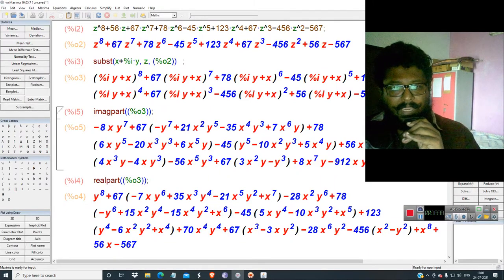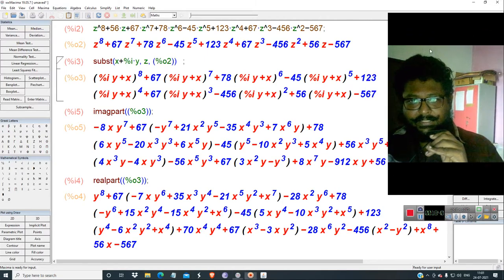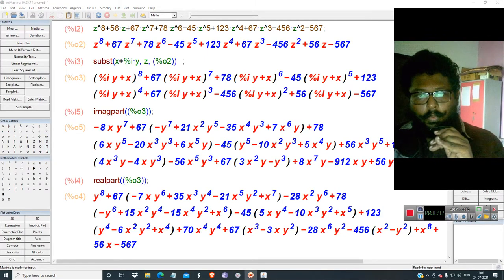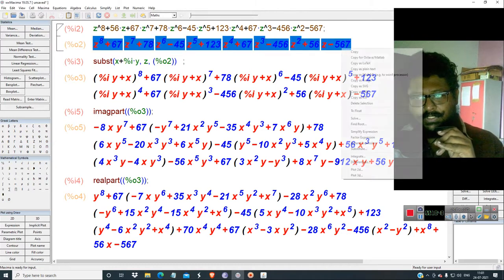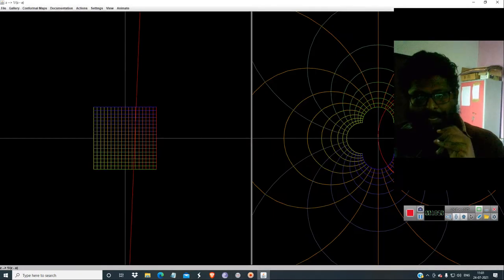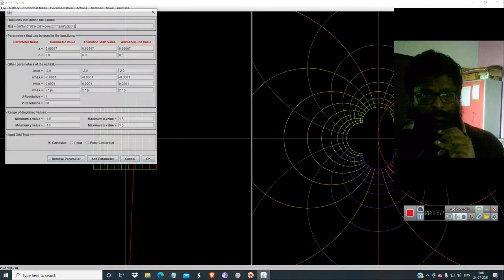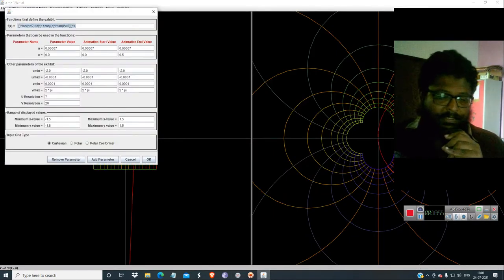So you have a function like this, and you need to show whether this function, okay, you copy this, go to user conformal map, and plot this over here.